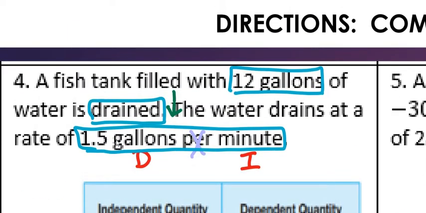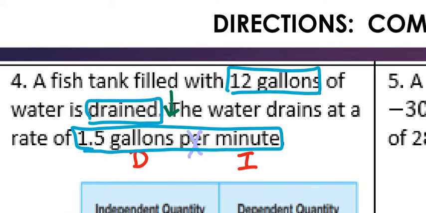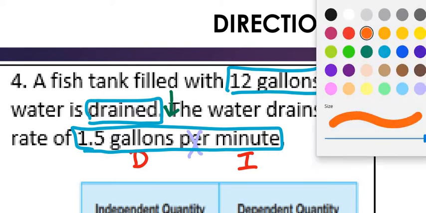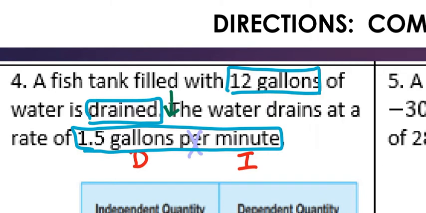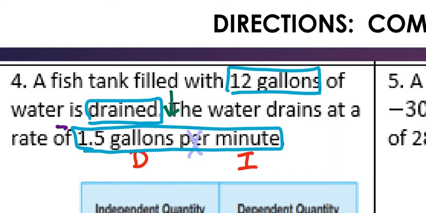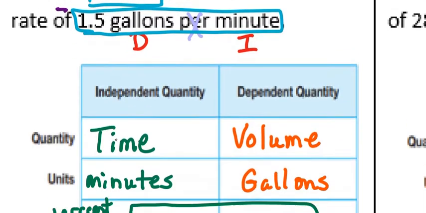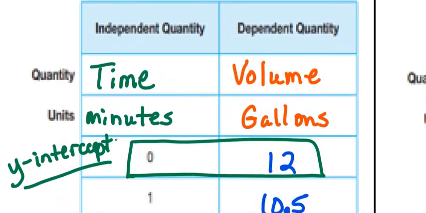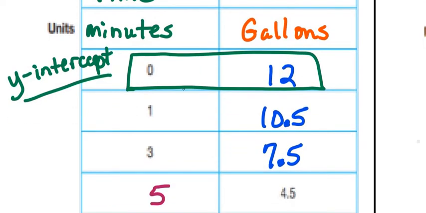And I can put a negative right here, and so when I look at this, I'm going to put a negative right here, and let me change the font size. Now, that's a negative 1.5 gallons per minute. I'm going to take and substitute in each one of these times right here.